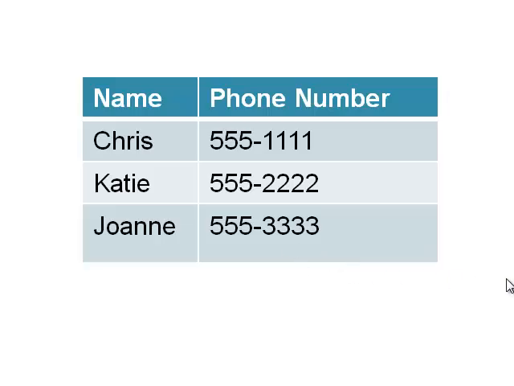The approach that you would take in storing these items in a dictionary would be to look at a name and a phone number as an entry or an item that goes in the dictionary, where the name would be the key and the phone number would be the value.